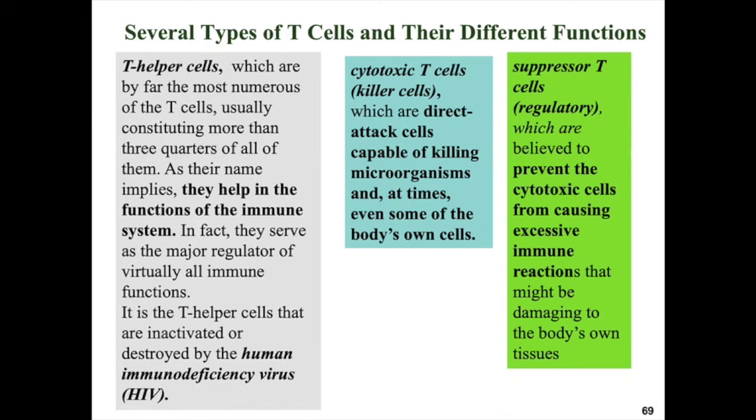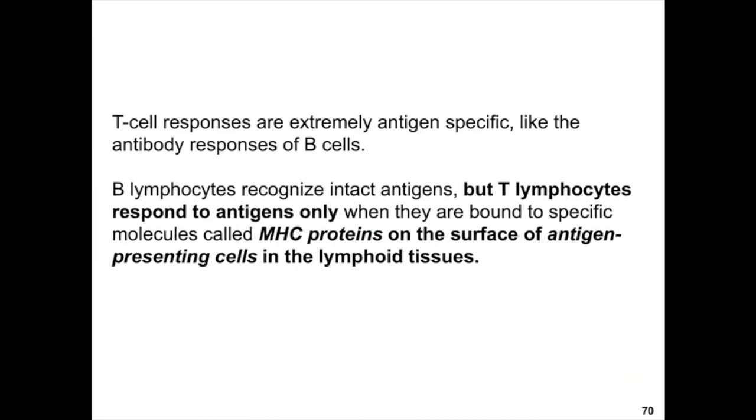So the aspect here that is different from the B cells is not only that the B cells produce antibodies and the T cells don't, but that the T cells need some other cell to present antigens. So they don't have the capacity to bind to antigens directly. The antigen needs to be shown to a T cell for the T cell to be activated.